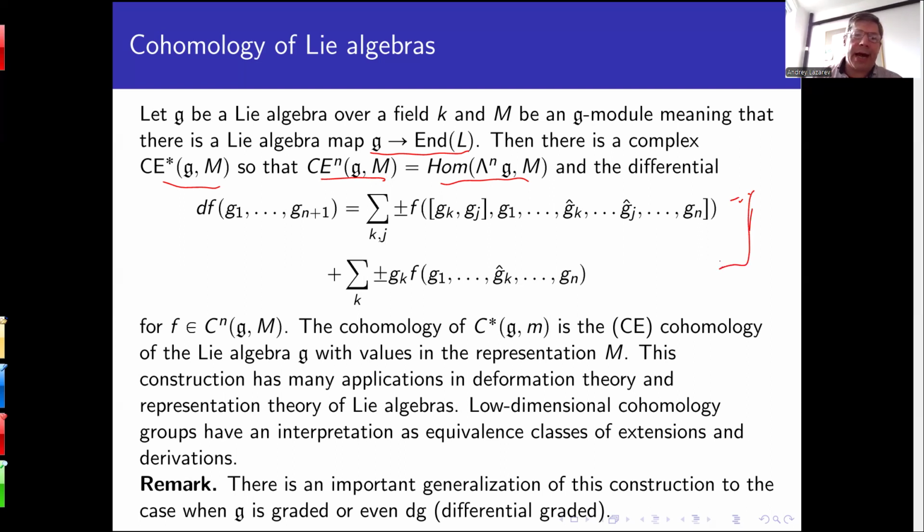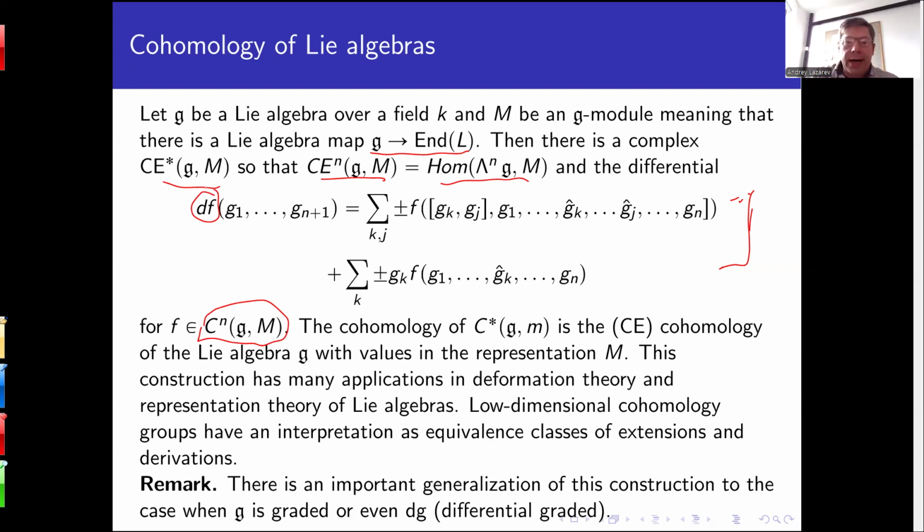And the sign here, which I indicated simply as plus or minus, can be derived from the Koszul sign. So here, f is an element in the nth group of cochains, and therefore df will be an n+1 cochain. So that's why we have n+1 arguments to be plugged into df.